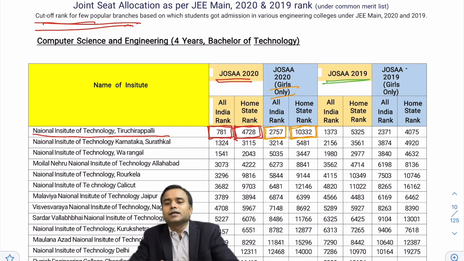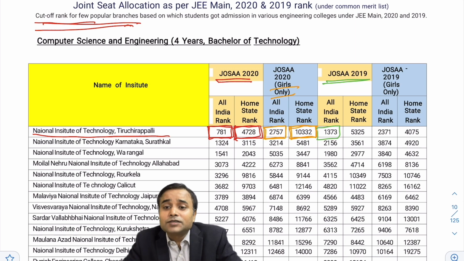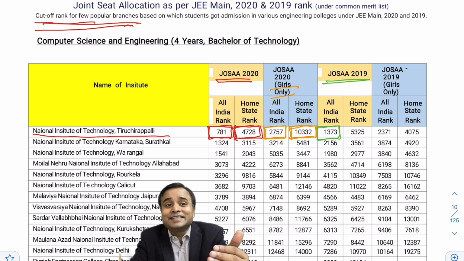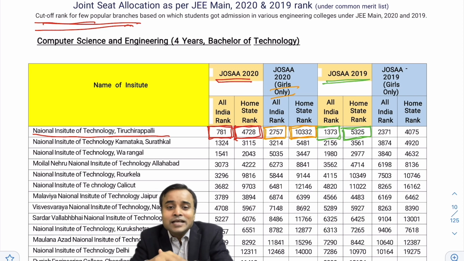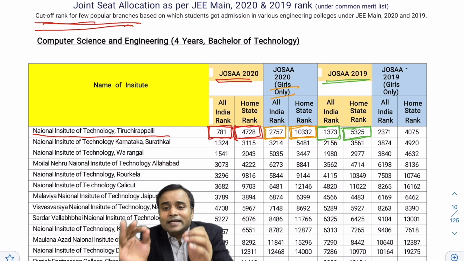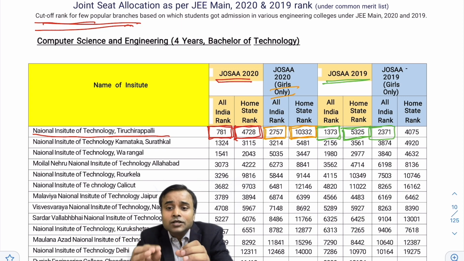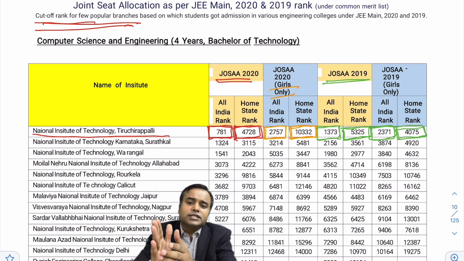Here I'm going to display the data of JOSAA 2019, which is available in front of you. You can see that in NIT Tiruchirappalli, the last student who got admission by all India rank had a rank of 1373.